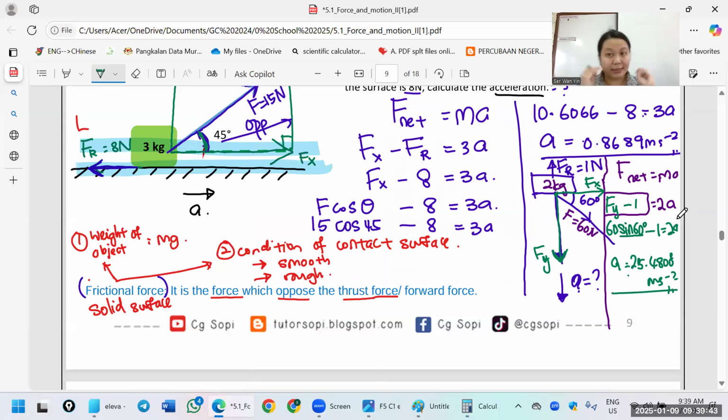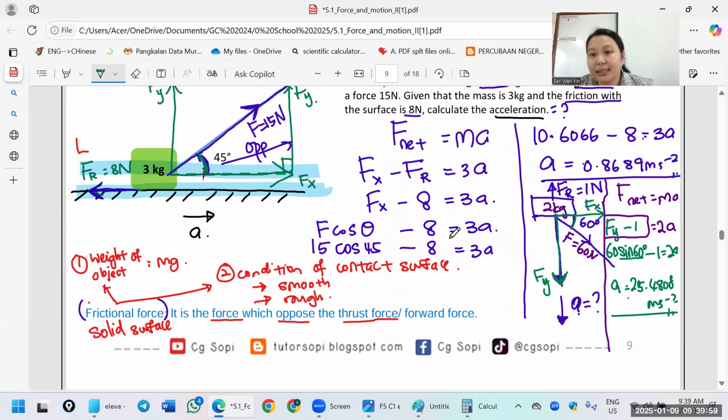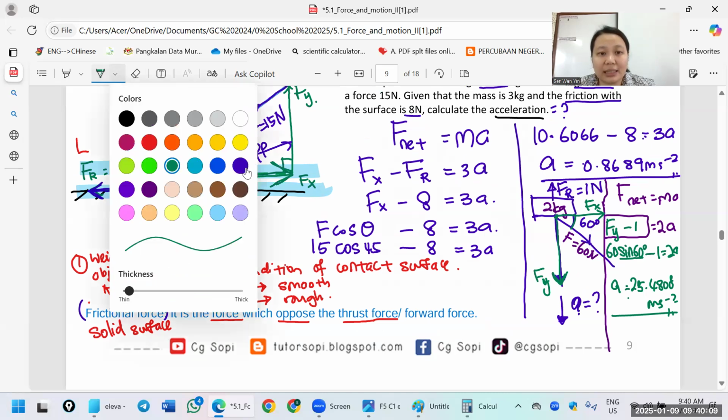Okay, so now understand? If the angle touches, we use original cos theta. If the angle does not touch, we use original sine theta. That's it. Just now we used cos because the horizontal one touches the angle. If vertical, it doesn't touch.